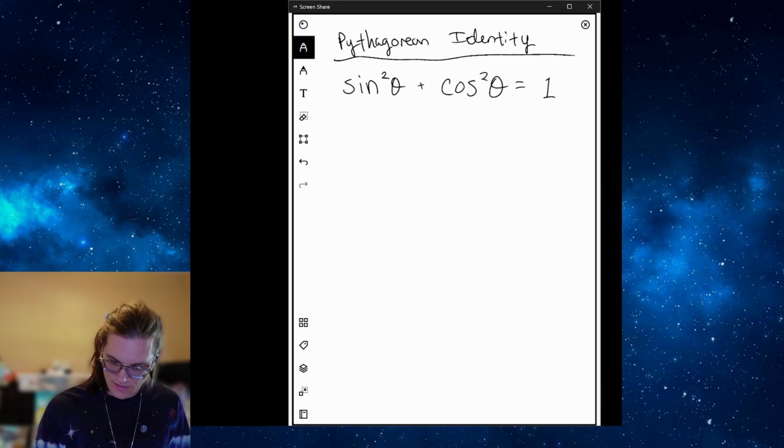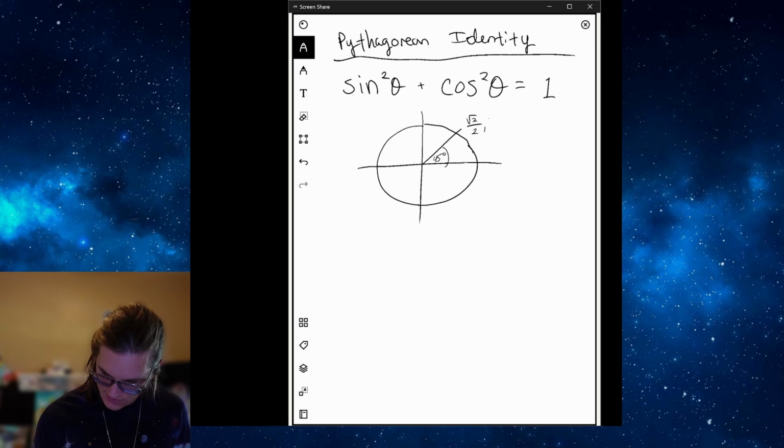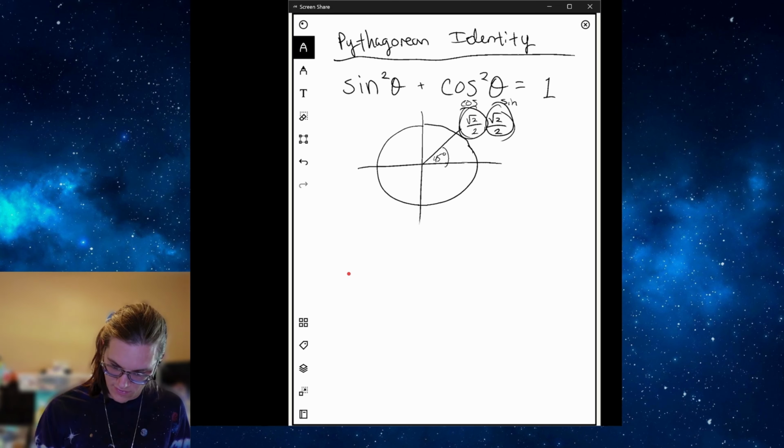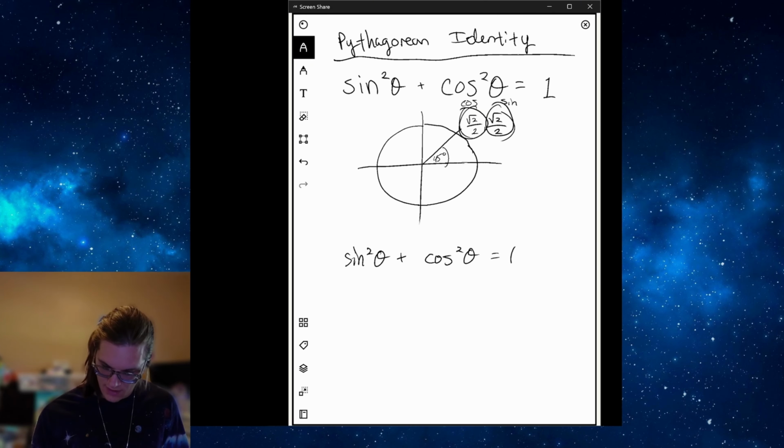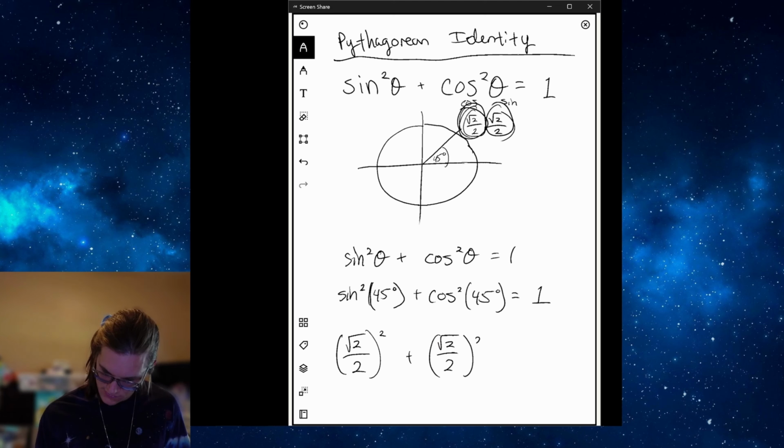You can prove it to yourself quickly just by using a part of the unit circle you already know, right? We know that this here at 45 is, now we're experts at this, cosine, sine. And so if we take our identity and we plug in our angle, 45 degrees, and we just checked here, we have a nice square root of 2 over 2 squared plus square root of 2 over 2 squared.